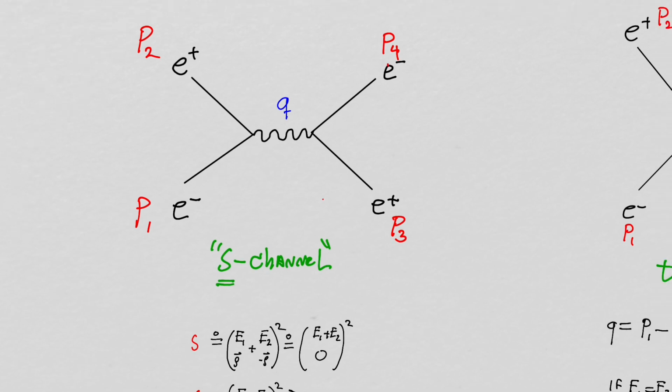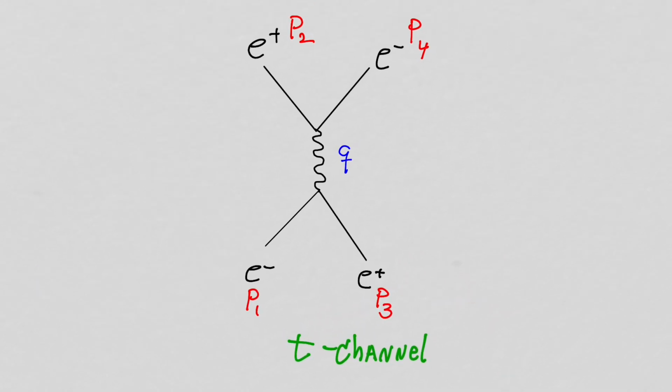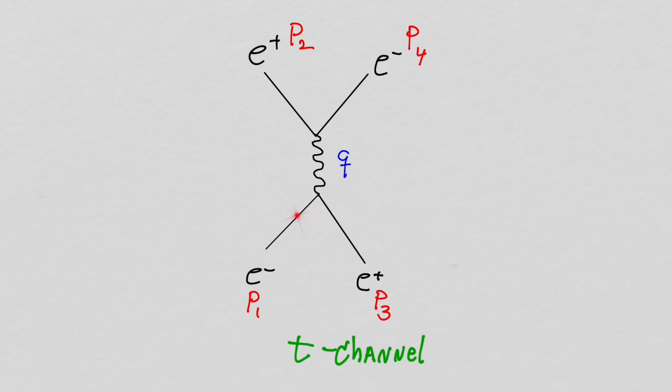Now, you can look at the same process like this, right? P1 and P2 are still colliding because time is still moving from left to right. But now that photon doesn't really connect P1 and P2. In the story of the Feynman diagram, this electron emits this photon and becomes this positron.